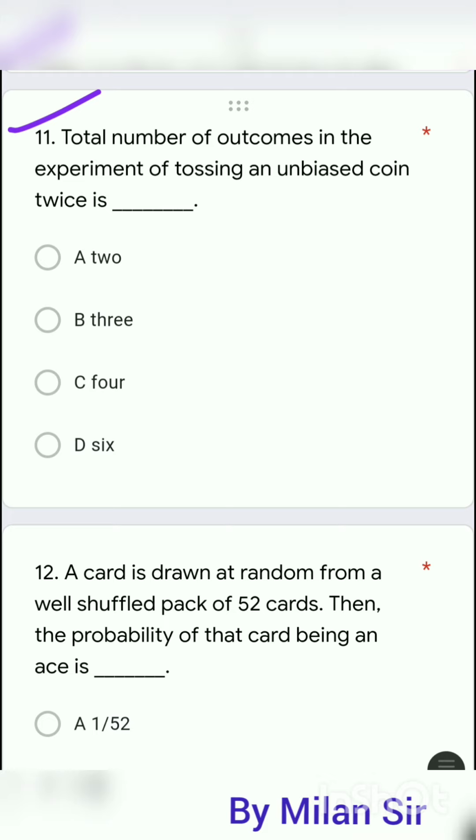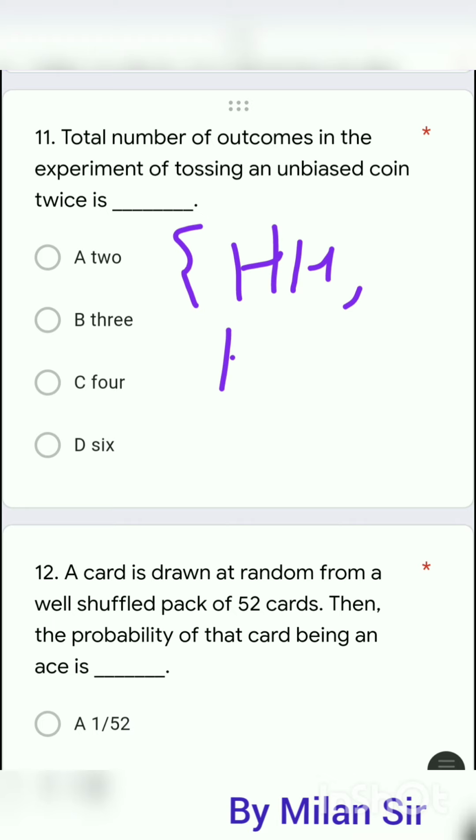Okay, after that, question number 11. Total number of outcomes in the experiment of tossing an unbiased coin twice is, that means 2 times we need to toss a coin. So how many possibilities do we have in total? First possibility is HH, that means on both coins head will come. Then HT, that means first coin H, second coin tail.